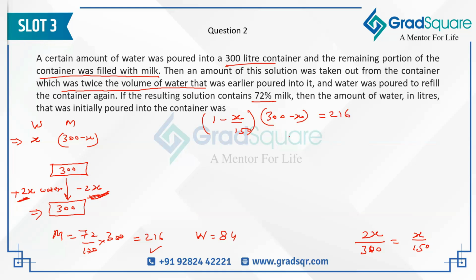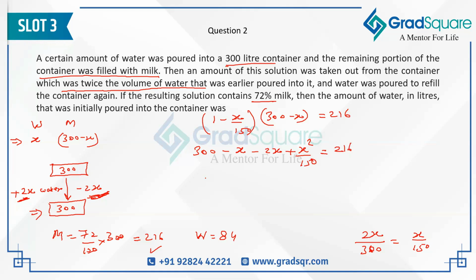Now, this is where the calculation becomes a bit more tricky on this question. You can solve this entire question by solving this quadratic equation hence formed, or we will have to look at finding out ways in which we can try and do this question. So let's expand this equation, and at the end we will see what kind of an equation we are left with. 300 minus x minus 2x plus x square by 150 is what we are getting, which is equal to 216.